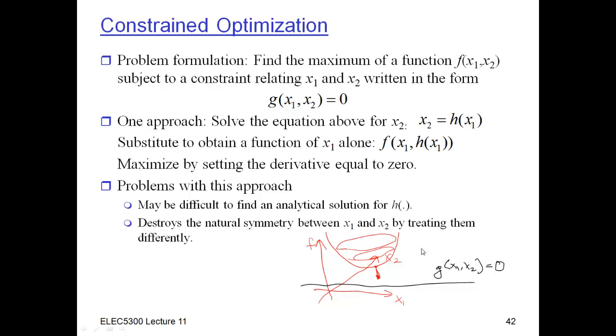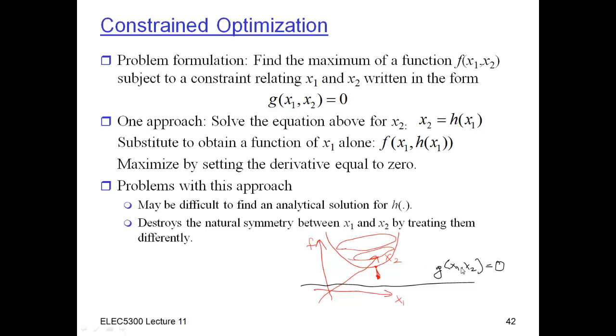So how might I solve this? Well, I know I have to stay along this line, so I could just evaluate the function along that line. Even though I can write g of x1 comma x2 is equal to 0, this is not that easy to deal with.